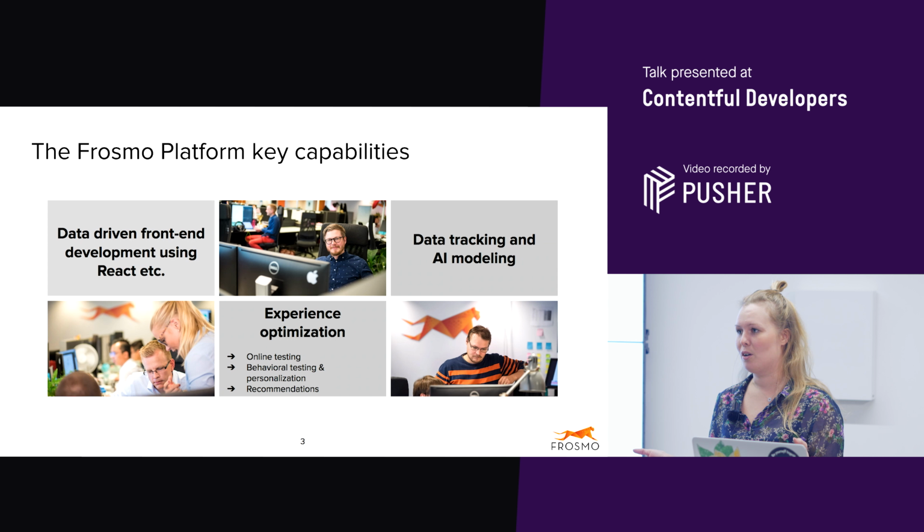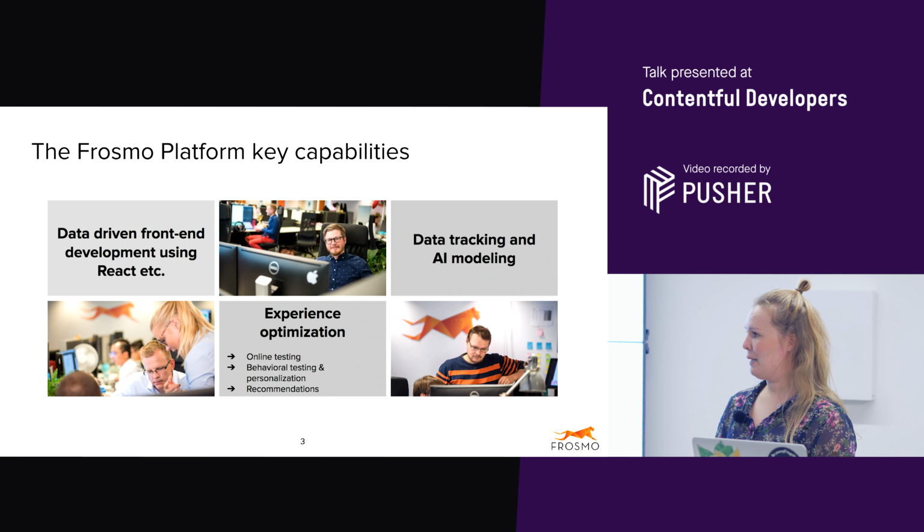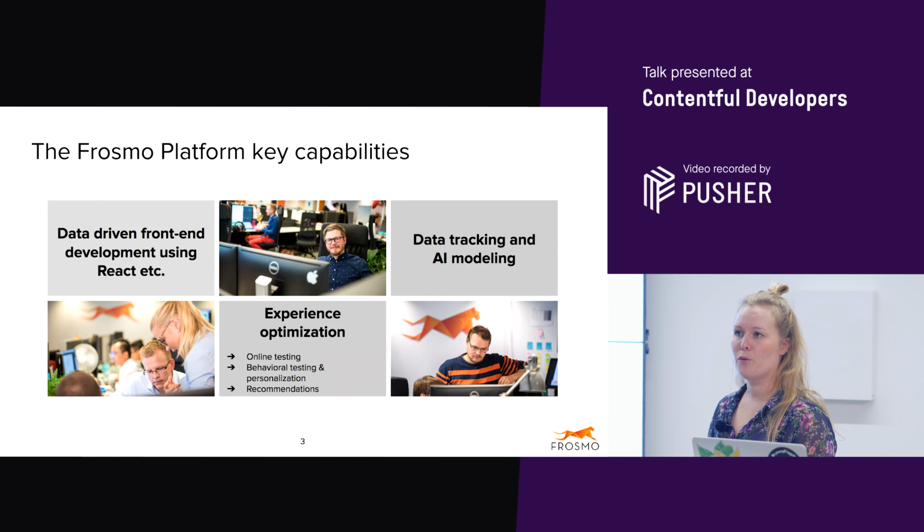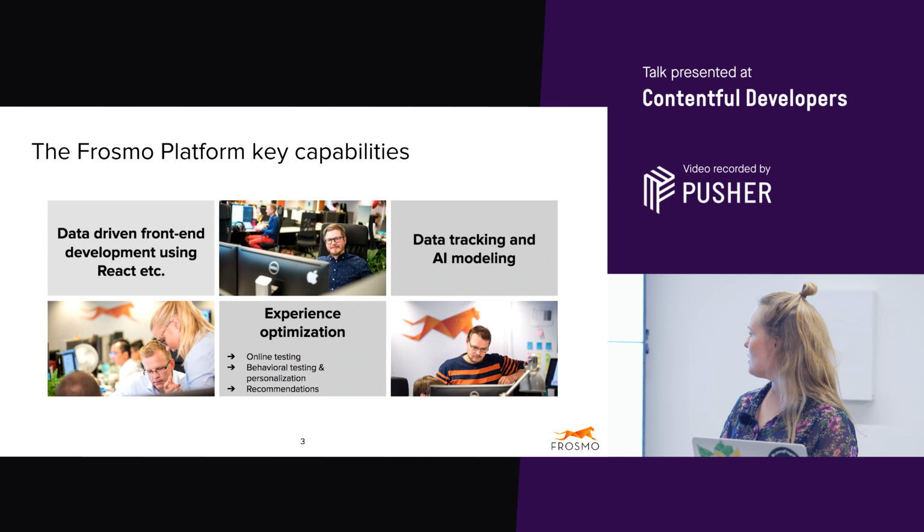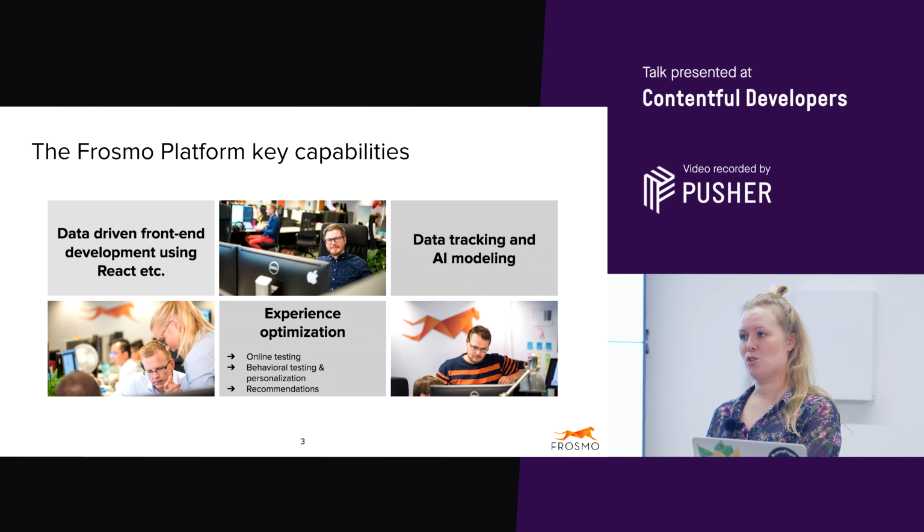So, predictive models of what should happen next to your website visitors. And the third thing, which we're focusing on mainly today, is experience optimization: online testing, personalization, and product or content recommendations.